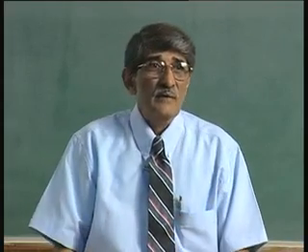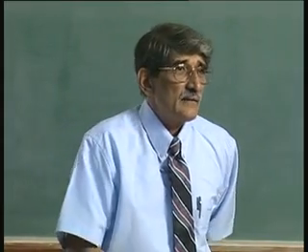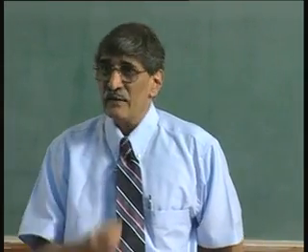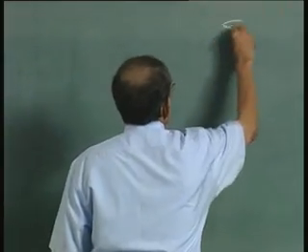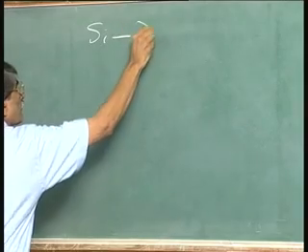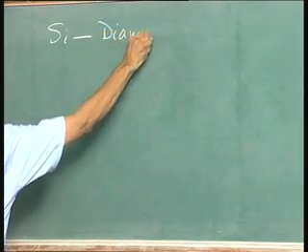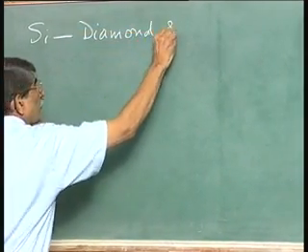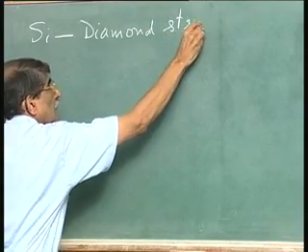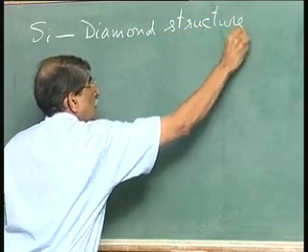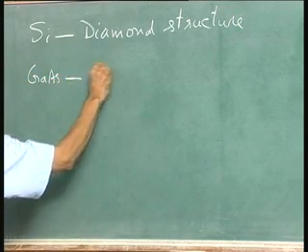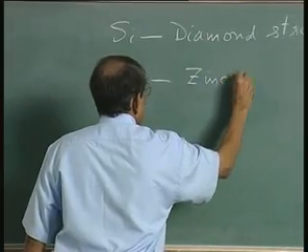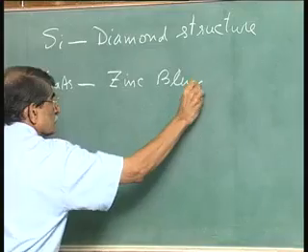Now, what we are taking a look at now is different from this. If you are talking of silicon, that is diamond structure. A silicon structure is diamond, and gallium arsenide is zinc blende structure.